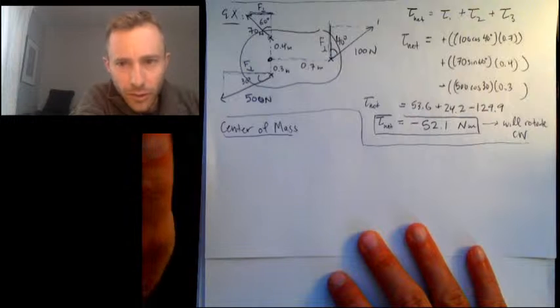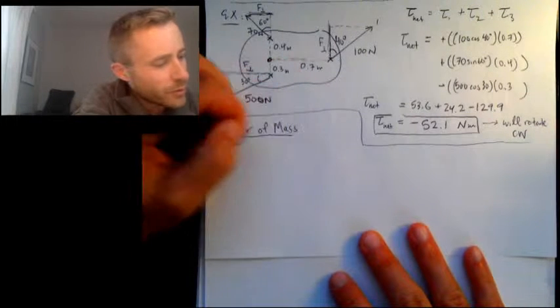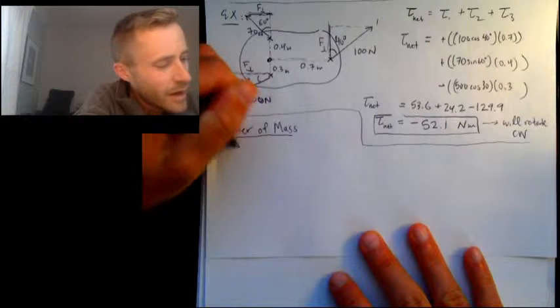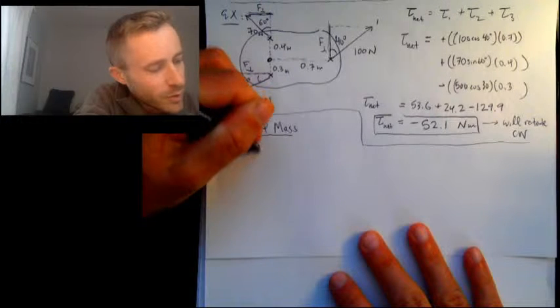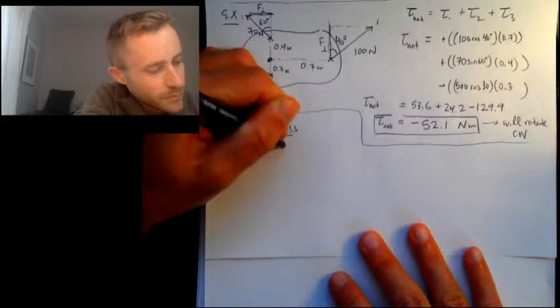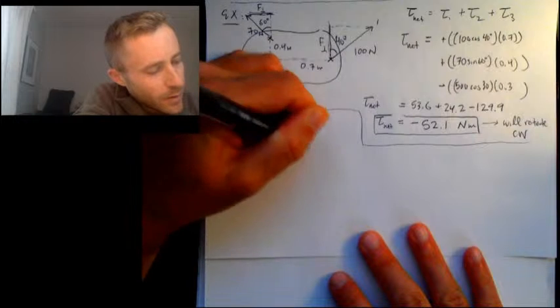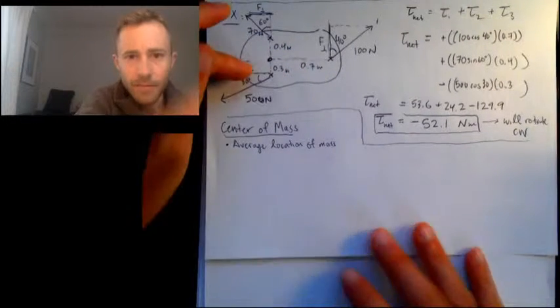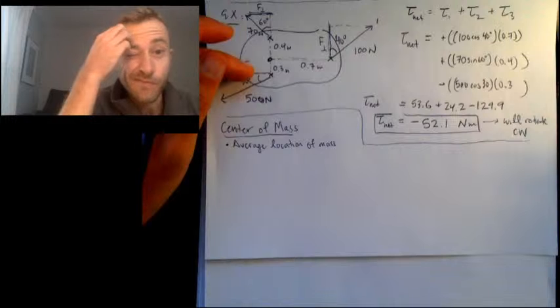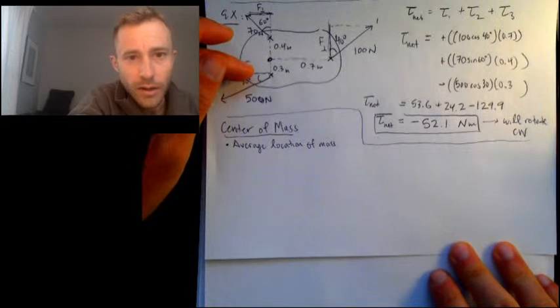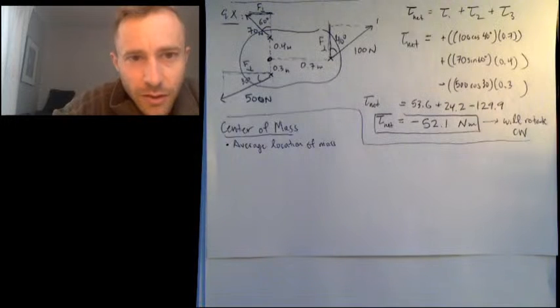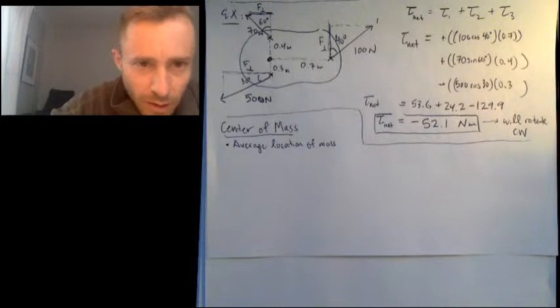Okay, so center of mass, if we wanted to explain it just in words, you could think about center of mass as the average location of the mass. The center of mass is not necessarily the geometrical center of the object.